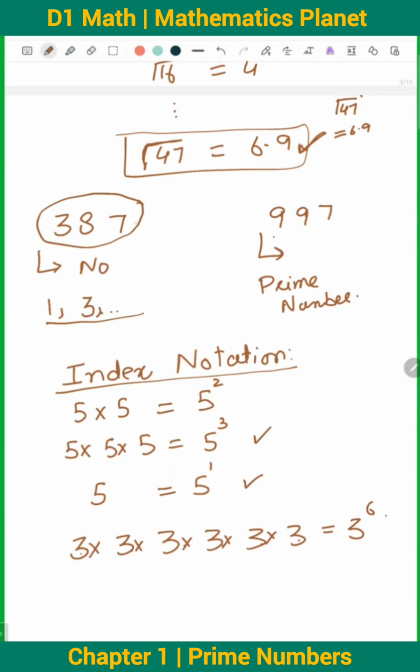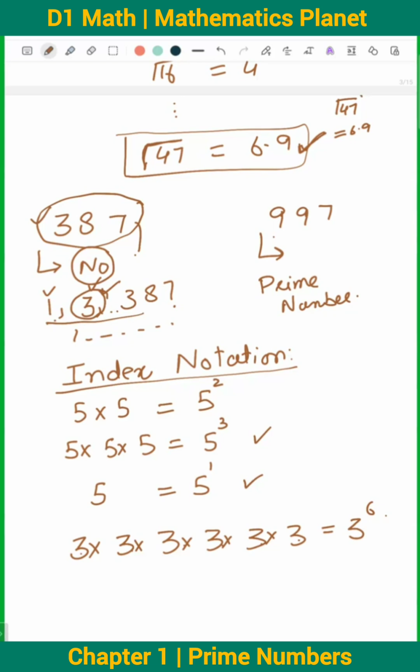So I know that 387 can be divided by 1 and 3 and 387. So I get more than two factors, and my answer is no, it is not a prime number. I do not need to find all of the prime factors, because finding prime factors was not the question. The question was, is it a prime number or a composite number? So if I get one extra factor, it will help me tell that this is not a prime number, it is a composite number. Clear?